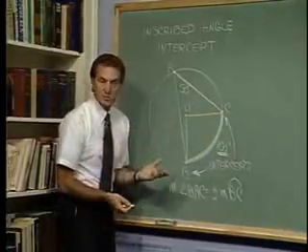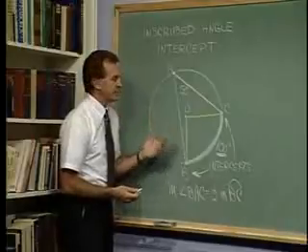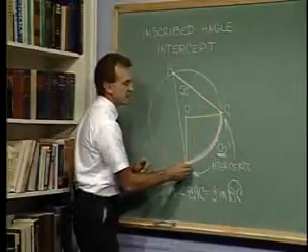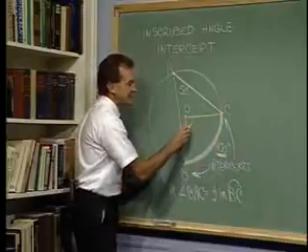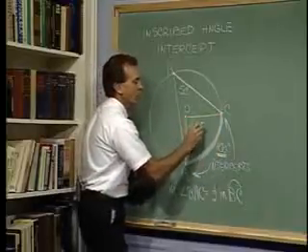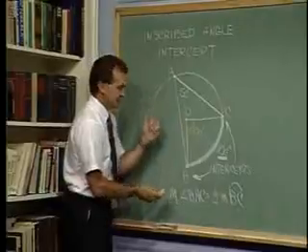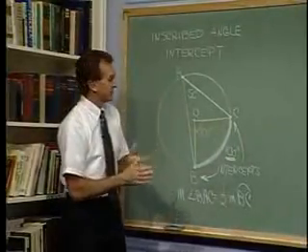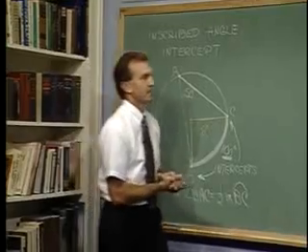Well, remember, a central angle is exactly equal to the measure of its intercepted arc. So if this arc now is 100 arc degrees, that makes its central angle also 100 degrees. So you can see how an inscribed angle can be related then to its central angle like this.